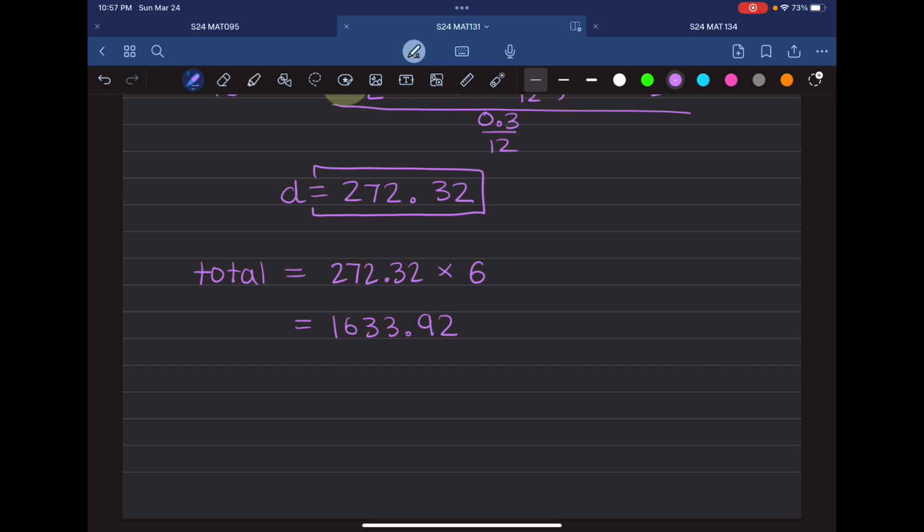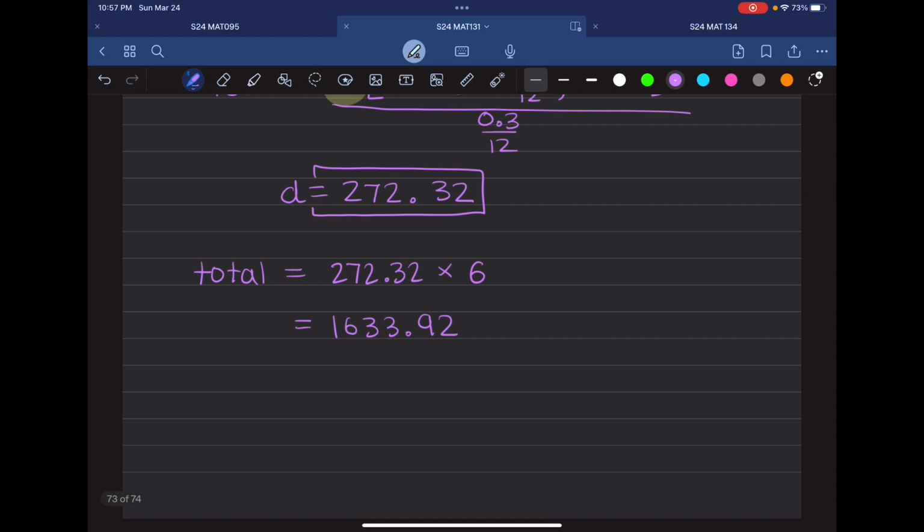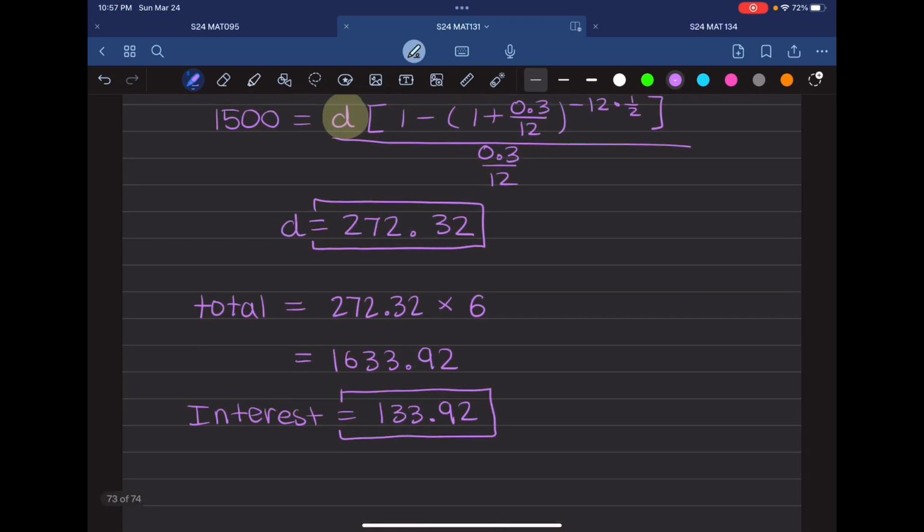And from this, knowing that the original amount that we owed was $1,500, you can subtract and get that the interest that we ended up paying on that account would be $133.92. So make sure you remember how to calculate the interest this way. You might get a question like that on the exam.